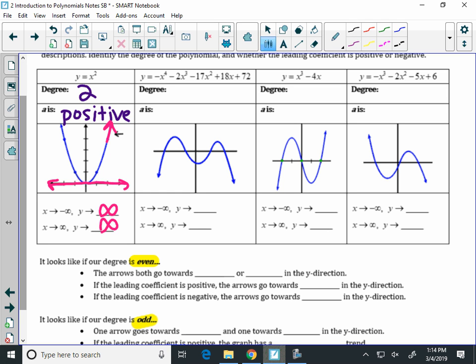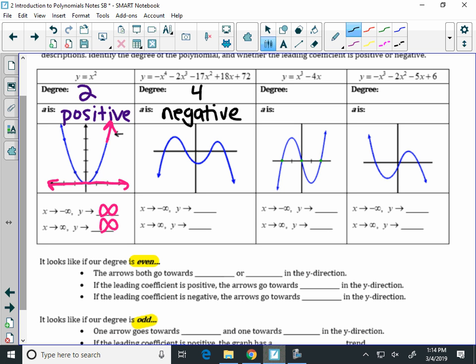All right, let's look at the next one. What's the degree of this second polynomial? 4. So we call it a quartic polynomial. Now the leading coefficient here is negative 1. So that means I have a negative leading coefficient.